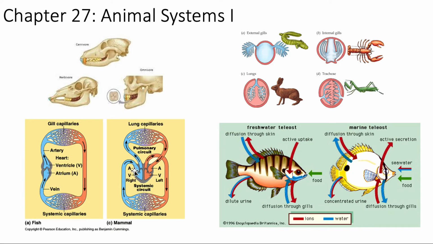If you only had three chambers, you're pretty much sharing both oxygenated and deoxygenated blood. This is a mammal. There is no sharing of oxygenated and deoxygenated blood. It is kept separate and is more efficient that way.